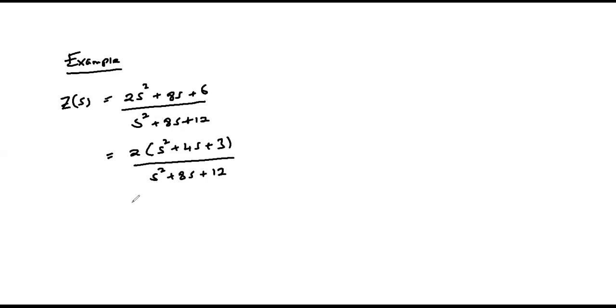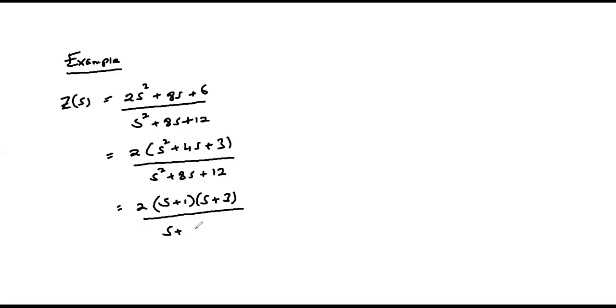Let's put these into their factors. This can be written as 2 into, for the numerator, the roots are 1 and 3, so we have (s + 1)(s + 3). For the denominator, the roots are 2 and 6, since 8 and 12 give 2 and 6.